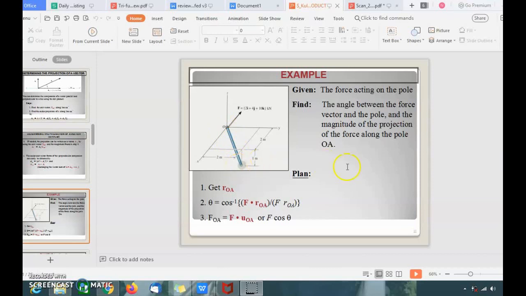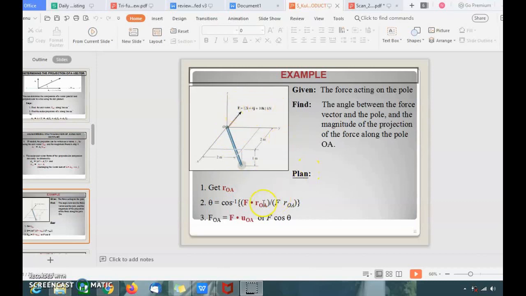So first, what you need to do is to get the ROA. Find the vector of the ROA here, and the vector of F is already given here.